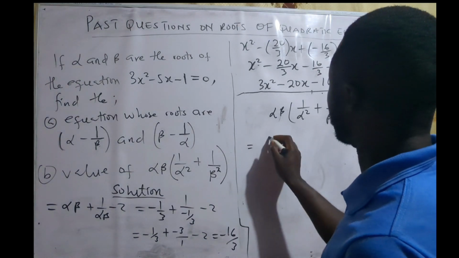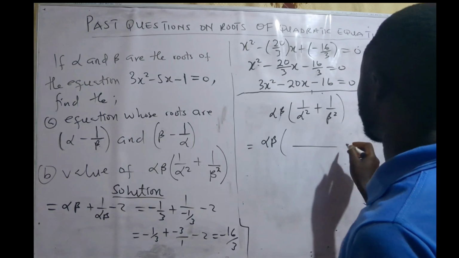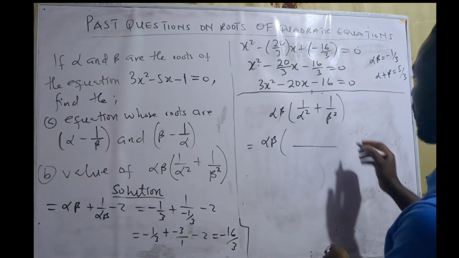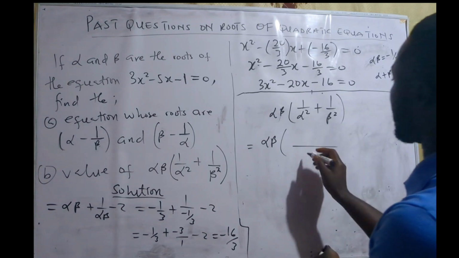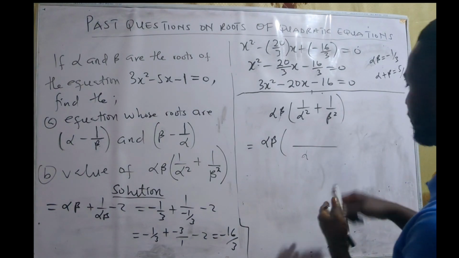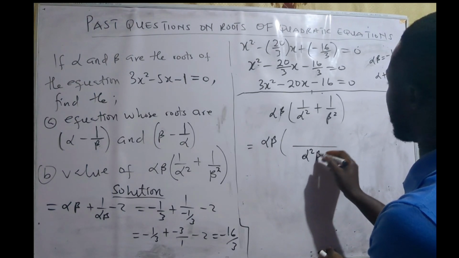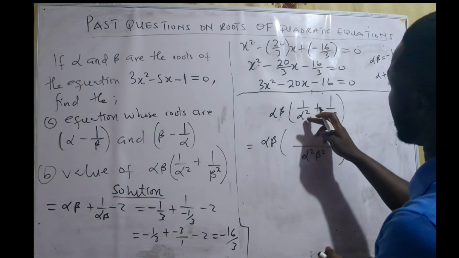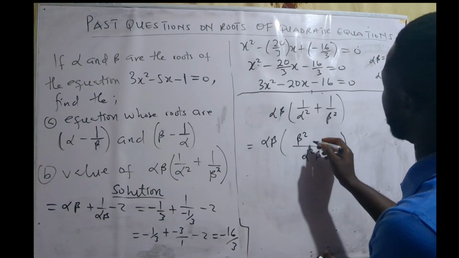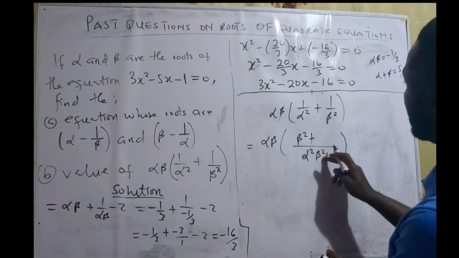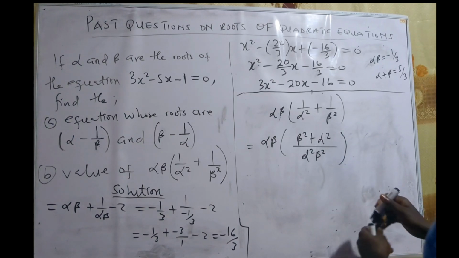So we have alpha beta. There is nothing wrong with the outside, but there is work to be done in the bracket. So we have alpha squared beta squared. Alpha squared will go here, remaining beta squared times 1, beta squared plus beta squared will go here, remaining alpha squared times 1, alpha squared.